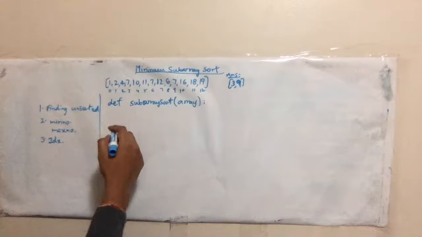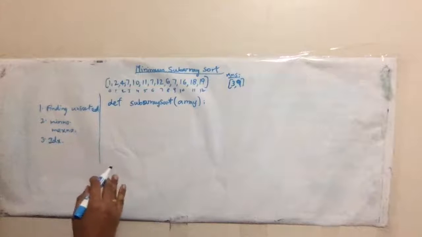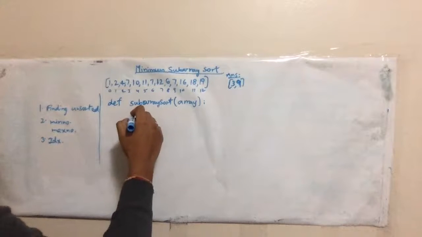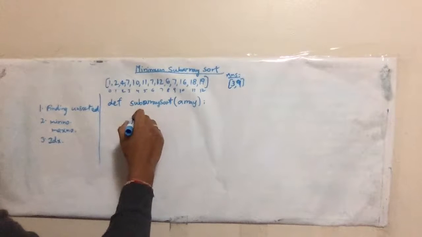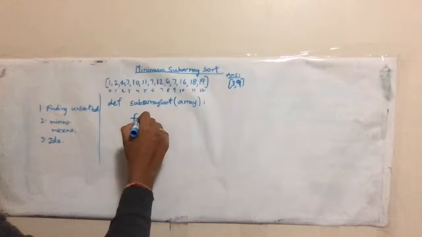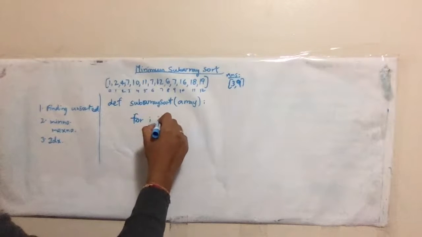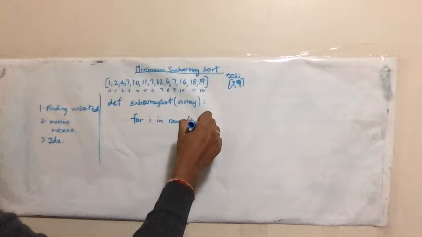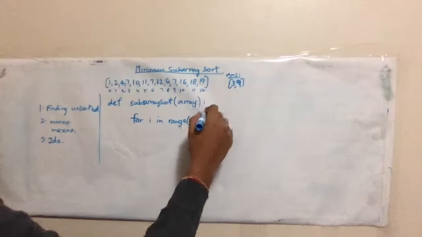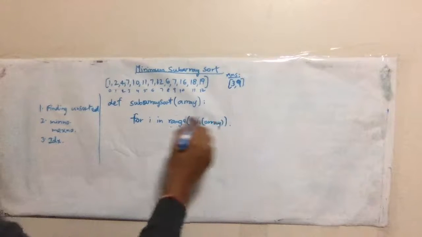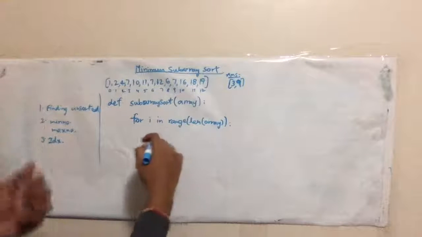What we need to find initially is the unsorted elements. We will declare some variables later if needed. Before that we need to iterate, right? So for i in range, we iterate completely, the length of the array, from 0 to length of the array minus 1.